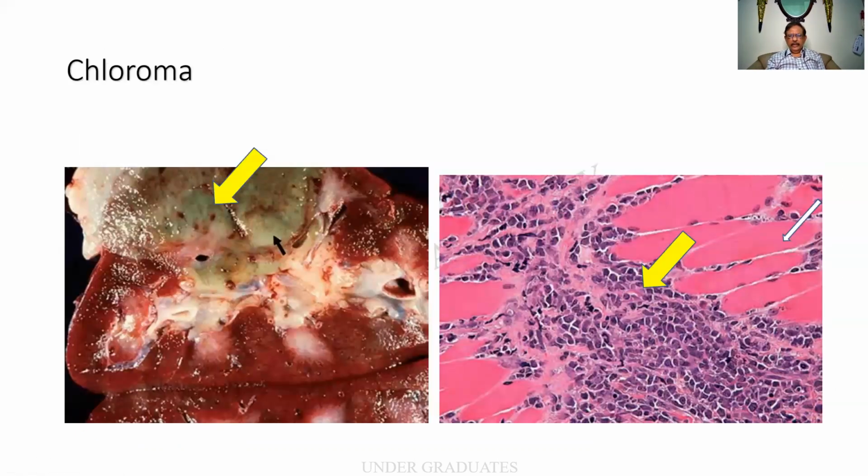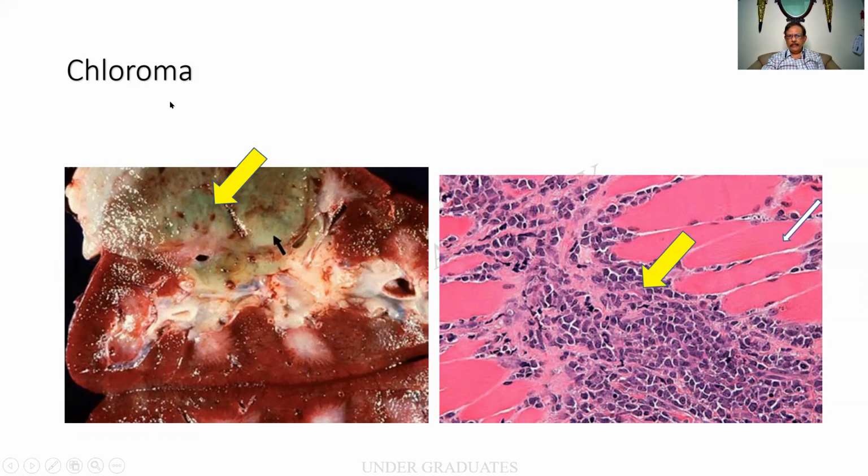Chloroma. It is not a question much, but it is the presence of leukemic cells in the soft tissues. Here I am finding an organ which is infiltrated by the leukemia and it imparts a greenish tinge onto it. Chlorophyll means it is the green color of the plants and leaves. So since it has got that kind of a color, it is a tumor with a greenish tinge.